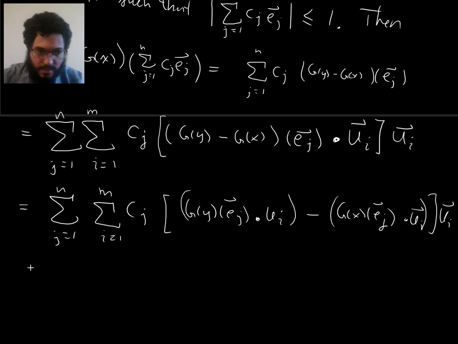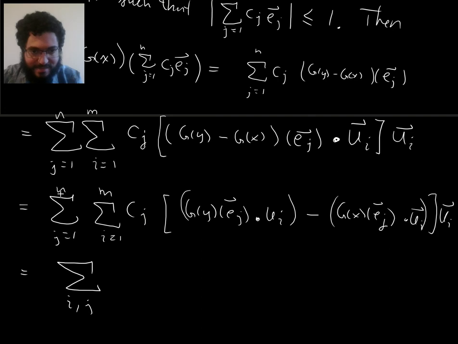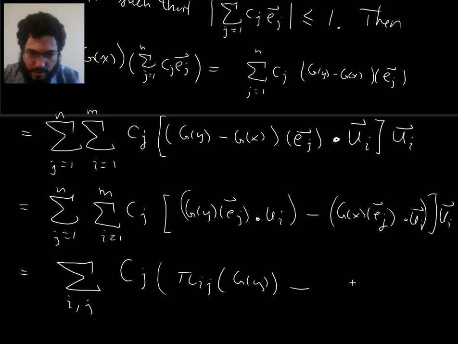Okay, now it's unmistakable. Let me just write this as a sum over i and j, and you know what I mean by that. It's exactly this double sum here. And now it's unmistakable. These are pi ij gy and pi ij gx.